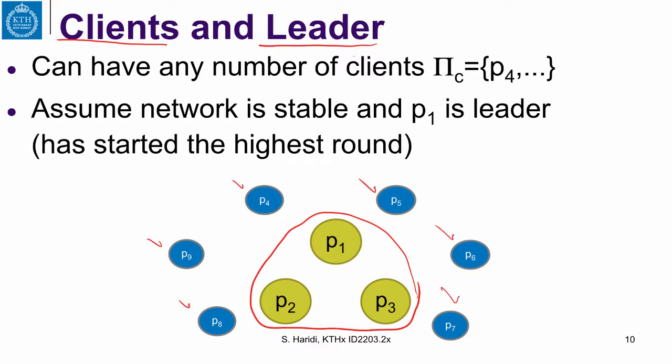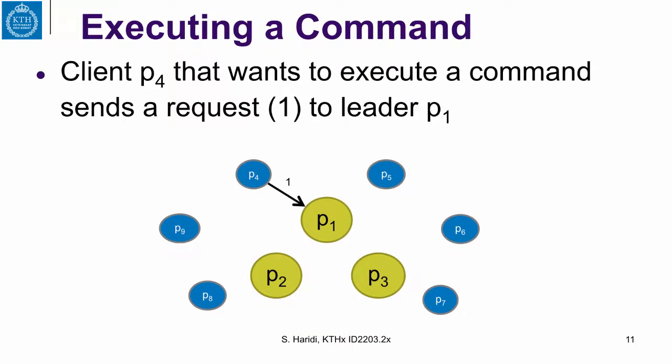So we assume the network is stable and P1 is a leader, and so it has started a new round. Let us see what happens when a client tries to execute a command. If client P4 wants to execute a command, it sends a request to the leader. This is one step.